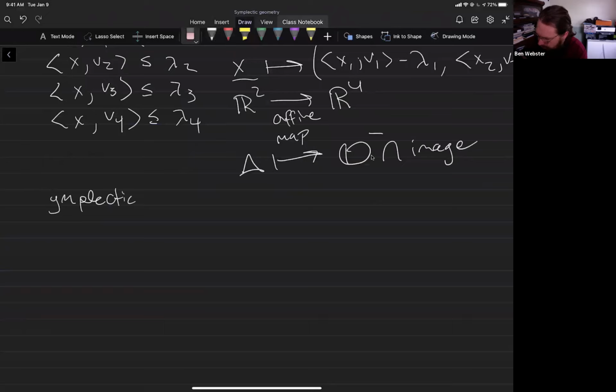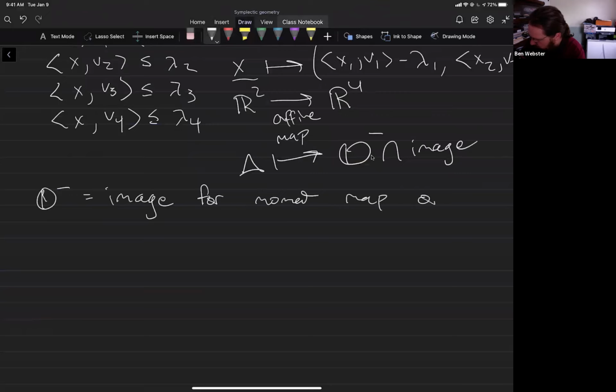So this guy O minus is the image of the moment map of C^D with T^D acting on it in the obvious way by multiplying coordinates by unit length complex scalars.